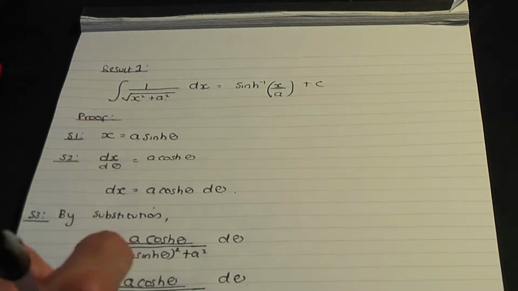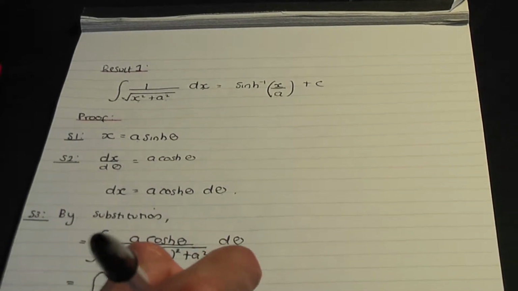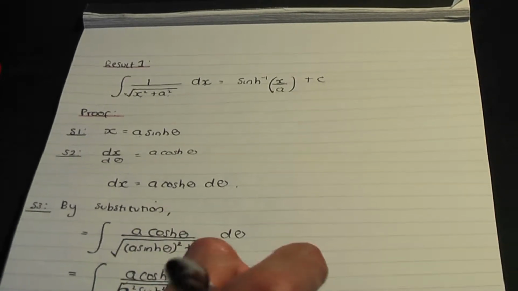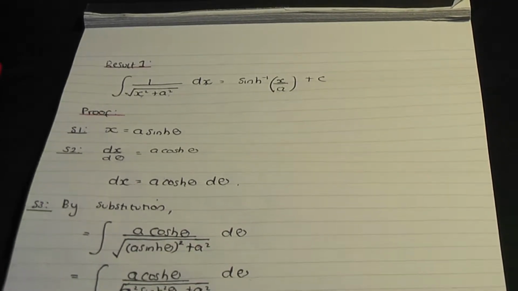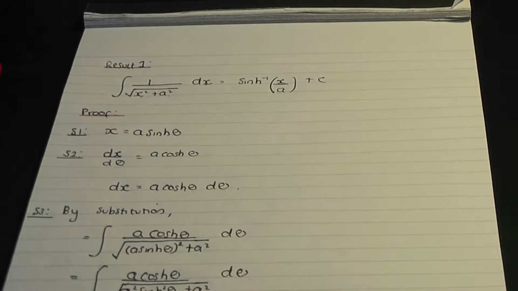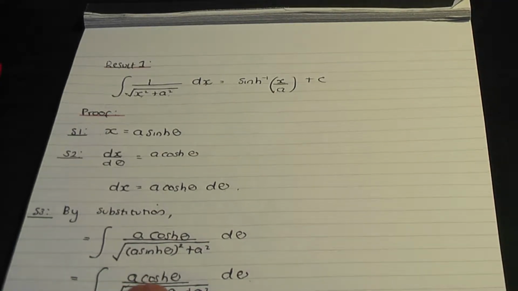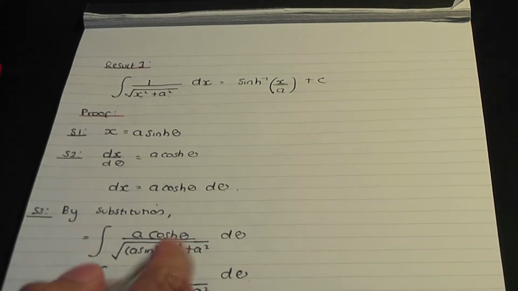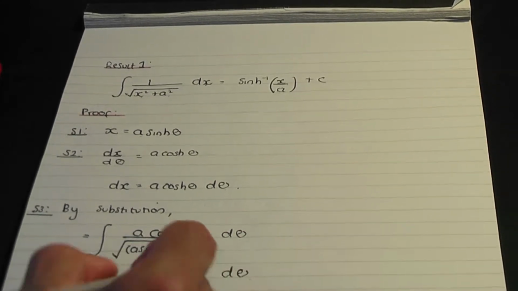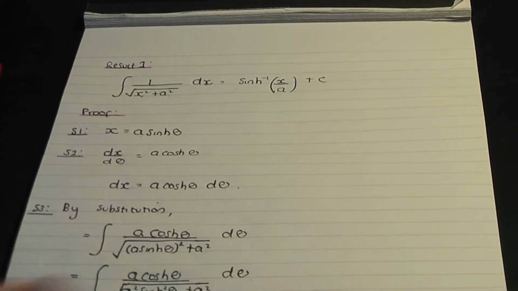Okay, now in my next step what I'm going to do is, I have a hyperbolic cos theta in the numerator, and I'm going to take out a common factor of a squared out of the root. So if I take out a common factor of a squared out of the square root, the square root of a squared is a, and I'm left with the root of hyperbolic sine squared theta plus 1.